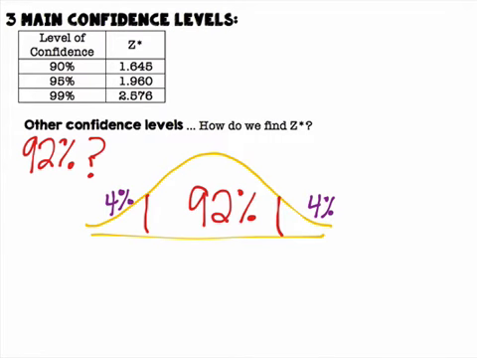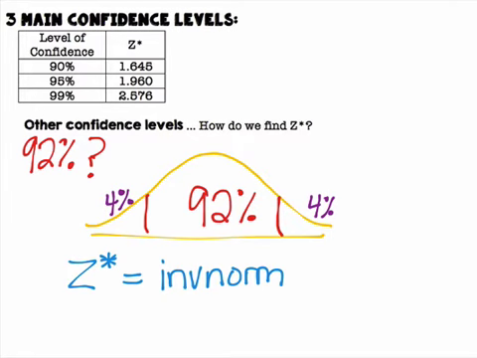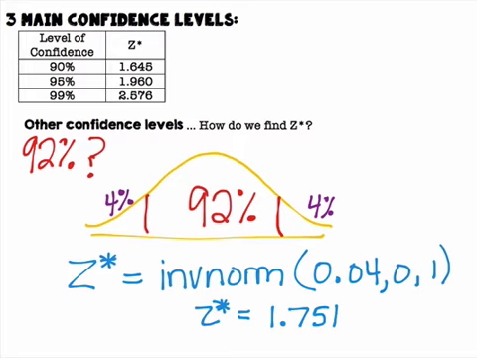So I would use the inverse norm in my calculator to get the Z star value. I'd plug in 0.04 for 4% with a mean of 0 and a standard deviation of 1. And that would give me the Z star value to use. So if my confidence level is 92%, my Z star would be 1.751. And don't worry if it's positive or negative. It's just talking about the direction.